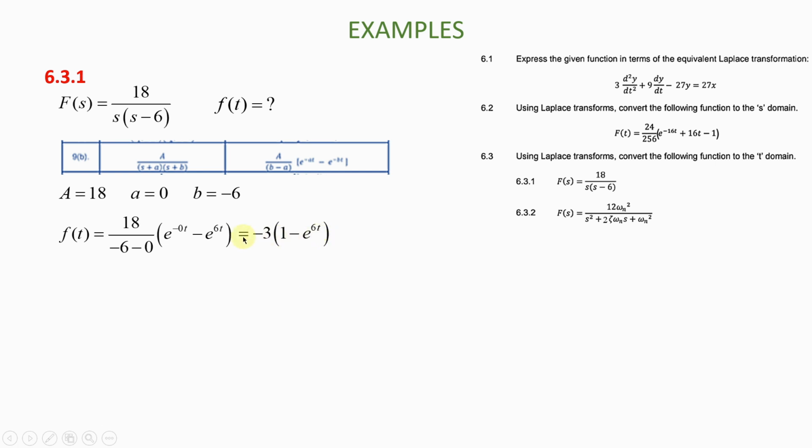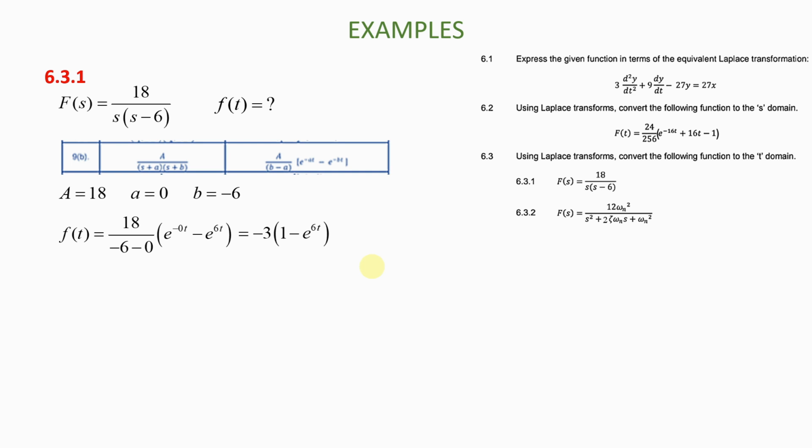And so this is what you get for f(t). And as you can see again, if you can read your table carefully, and if you understand how to use it, doing these kinds of exercises is really easy and really straightforward. And in your exam, you can quickly secure 10 to 12 marks just because you can use your table correctly.